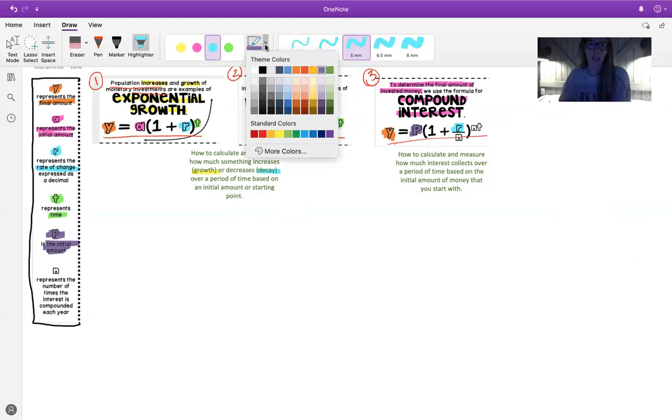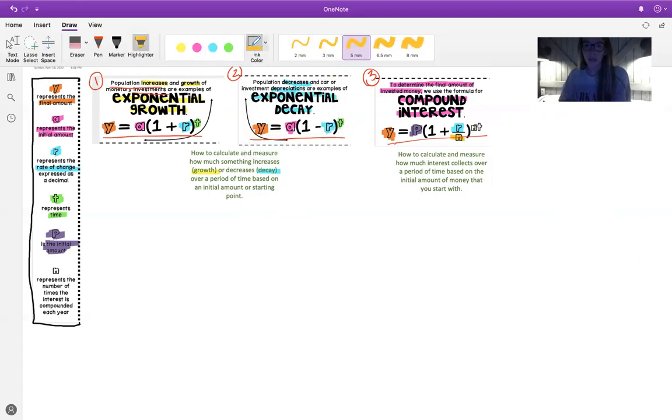Now we have a new variable in here, its n value. n represents the number of times the interest is compounded each year. So how often is interest added to your amount? Like I said with your credit card, every single month that you don't pay your credit card bill, they're going to add more interest to that amount.